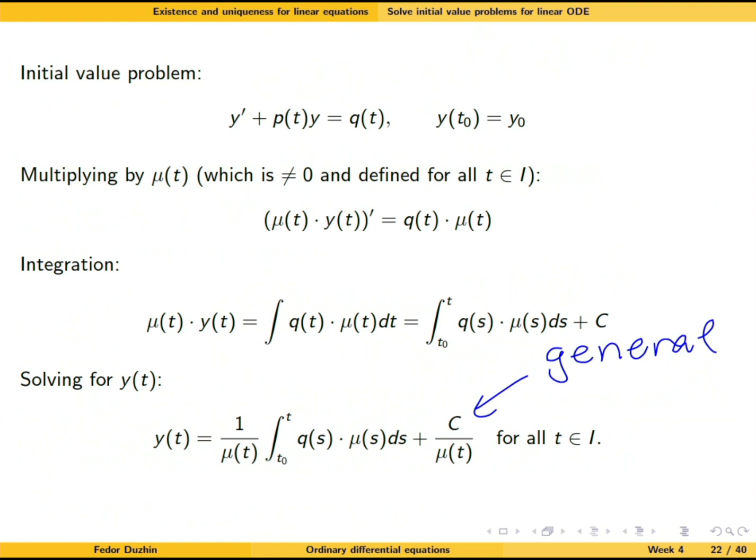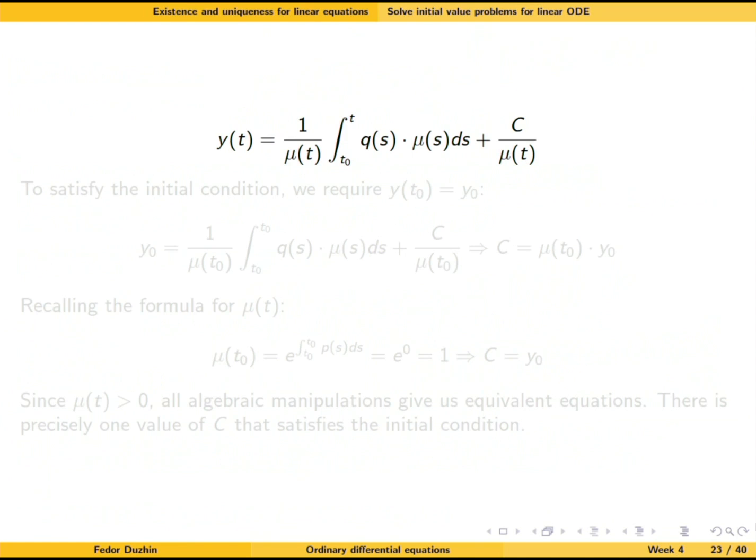In order to solve the particular initial value problem, we need to find C from the initial condition. So to find C from the initial condition, we substitute, recall that, we let y be y0 and we let t be t0.